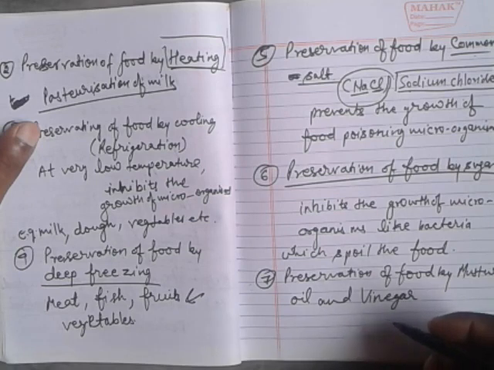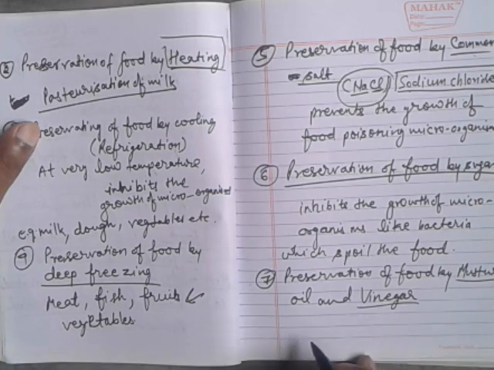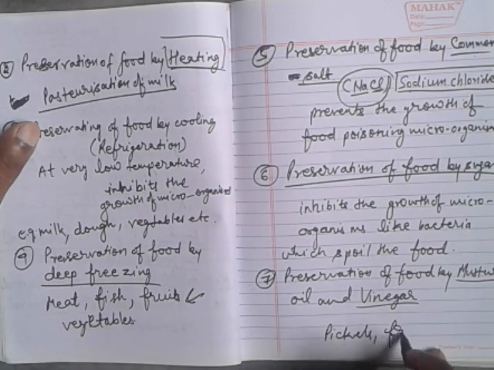So these are also used as a preservative for preserving food, fruits or pickles, because in mustard oil and vinegar, microorganisms cannot survive or cannot live. So this is mainly used for preserving the fruits and pickles.